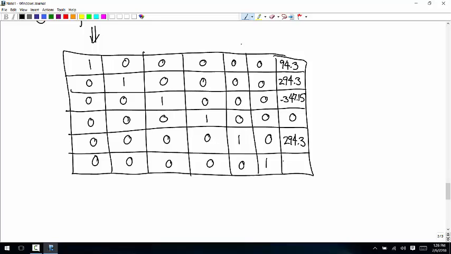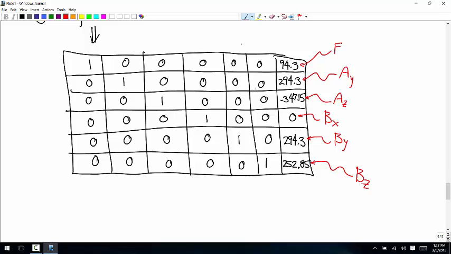And BZ should be 252.85. So there's F, AY, AZ, BX, BY, BZ. Yeah.